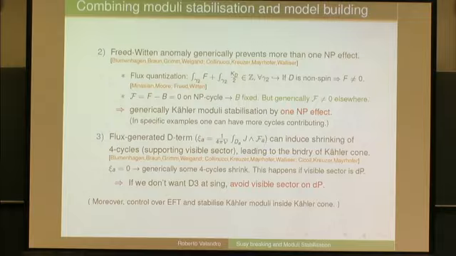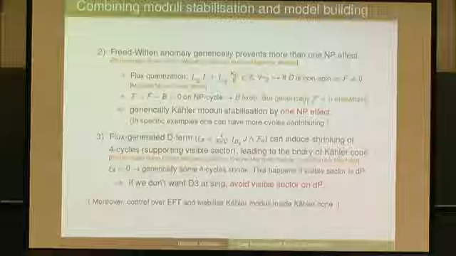So this is the mildest problem. Basically, if the brane wraps a non-spin divisor, then the quantization of the flux forces you to have a gauge flux different from 0. Now, for non-perturbative effects to contribute, sometimes you have to require that this curly F is equal to 0.